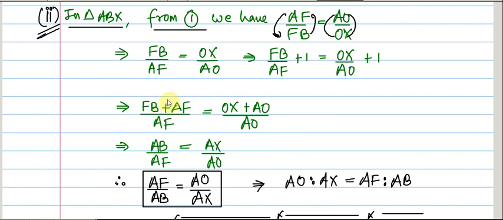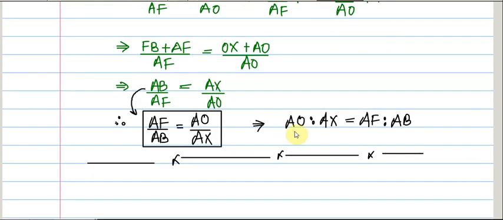Similarly, OX and AO will add and become AX. Again, I have inverted them. So from this, I have taken the inversion of this ratio, and this is what we need in the second sub-question.